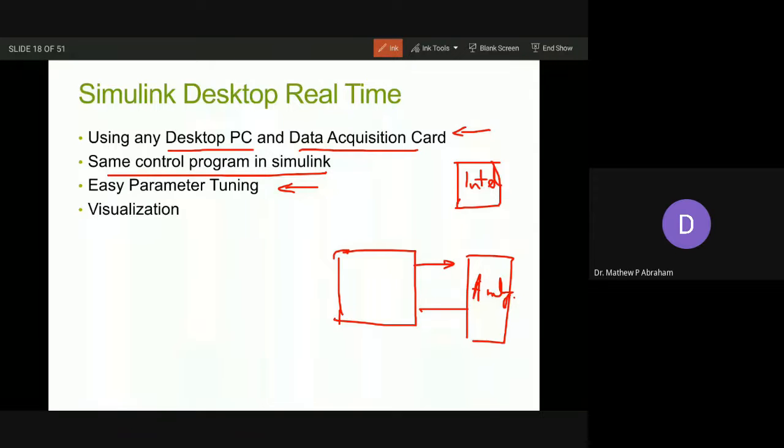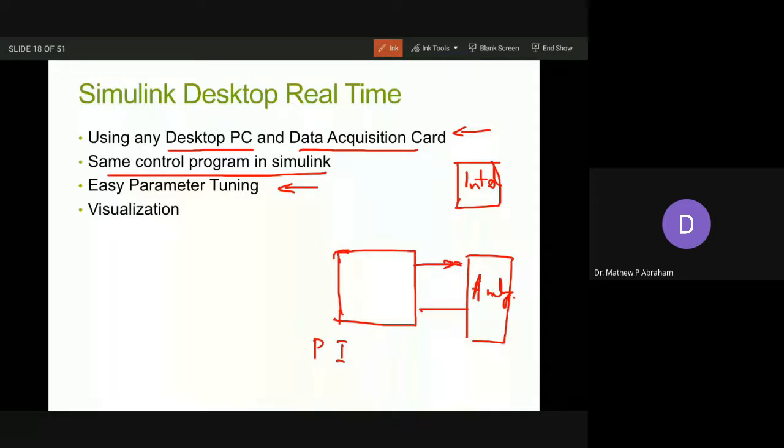Suppose that we have to tune our PI controller. We begin with arbitrary values of Kp and Ki, and we run the program and see the responses. If the response is not that good, we can just change the values of P and I in the desktop terminal itself in the MATLAB environment.